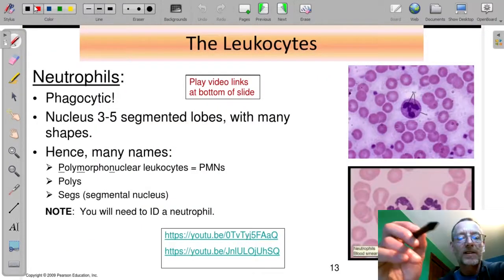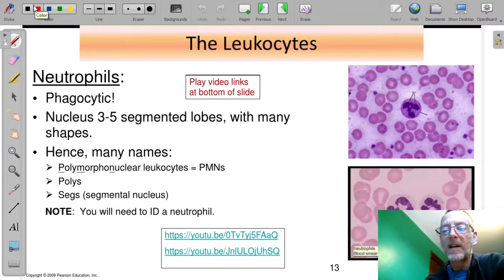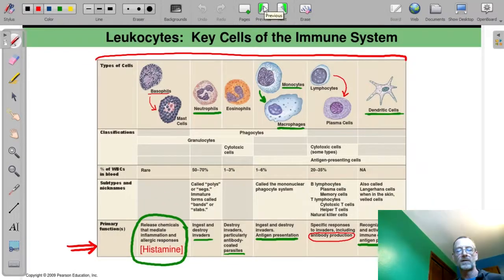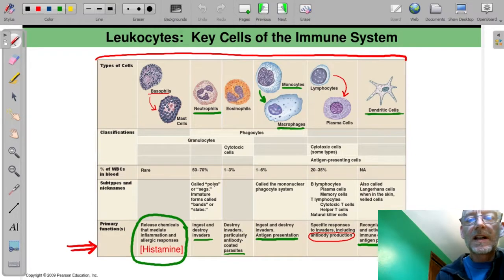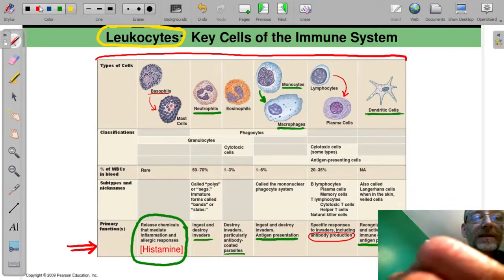So let's start with the neutrophils. Let me back up a moment. I want to point something out. So we have 5 types of leukocytes. And I'm going to give you a little mnemonic, a little memory device for remembering the leukocytes.